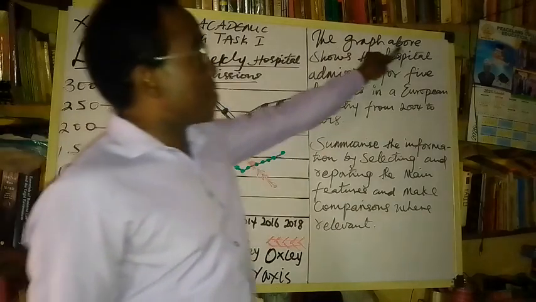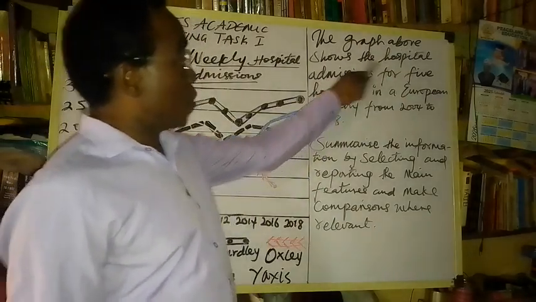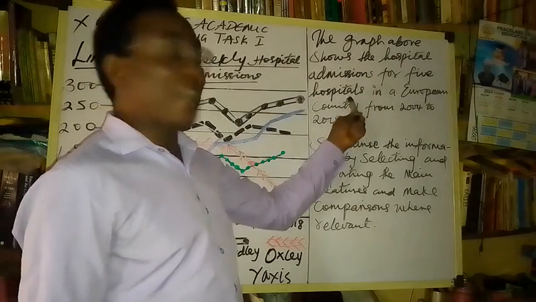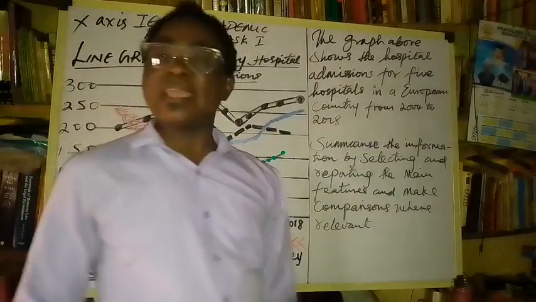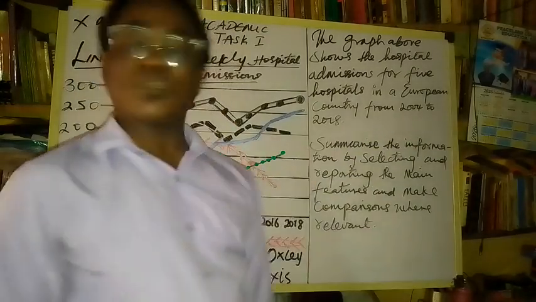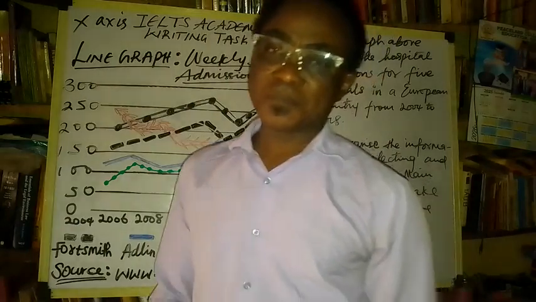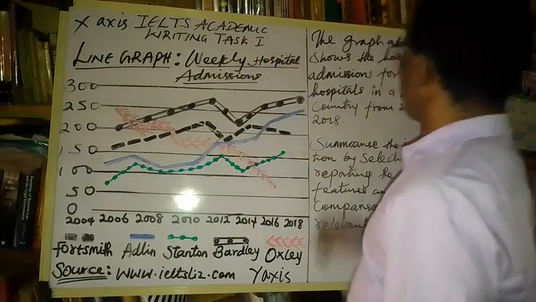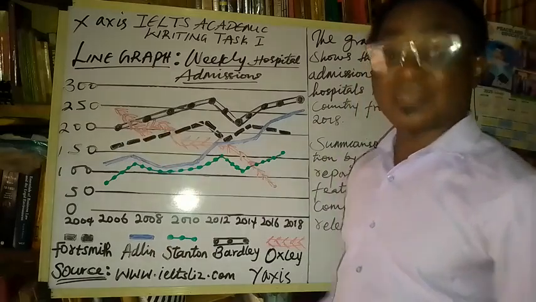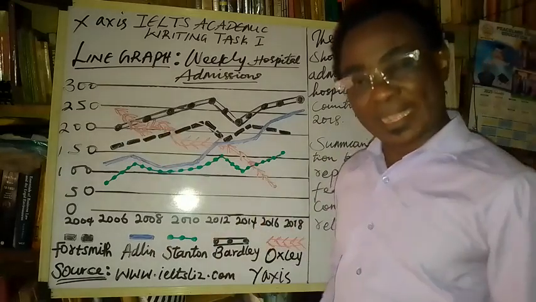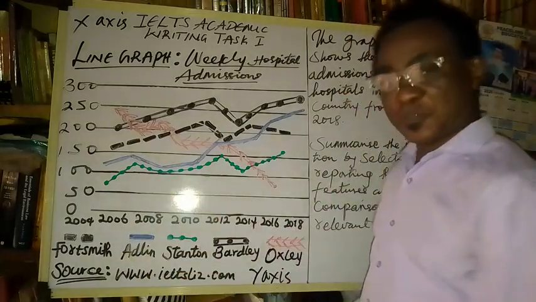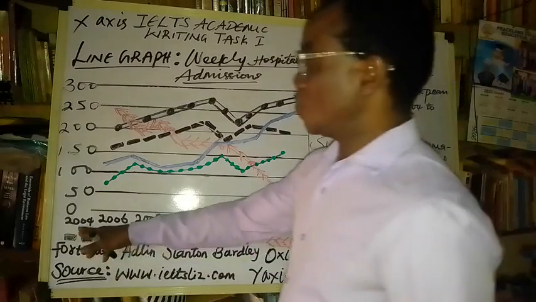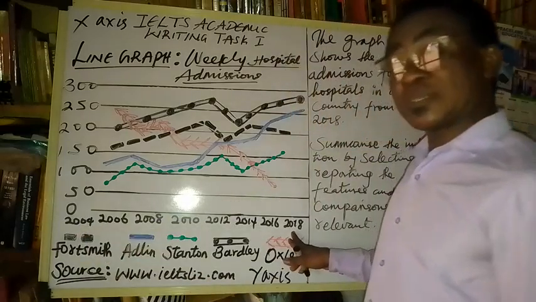It says, the graph above shows the hospital admissions for 5 hospitals in a European country from 2004 to 2018. The curve shows the hospital admissions in 5 hospitals in a European country for a period of 15 years, spanning 2004 to 2018.